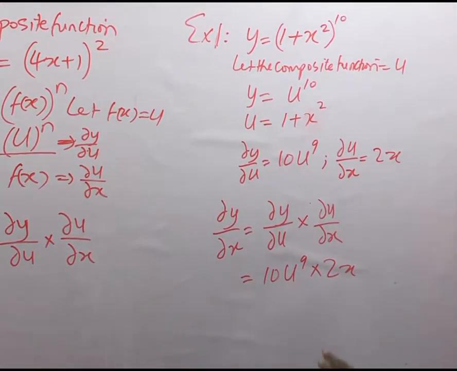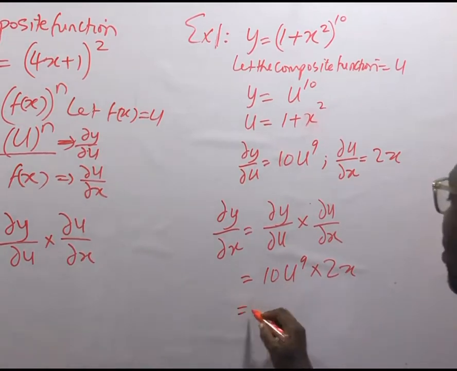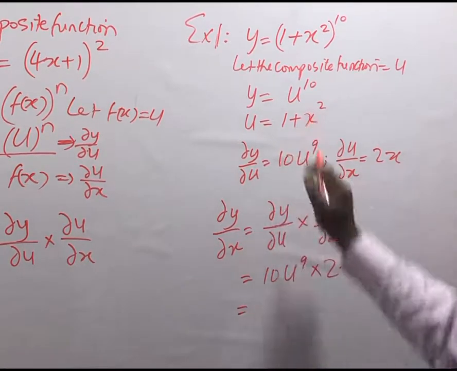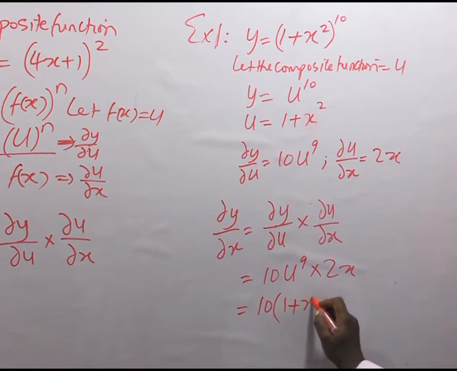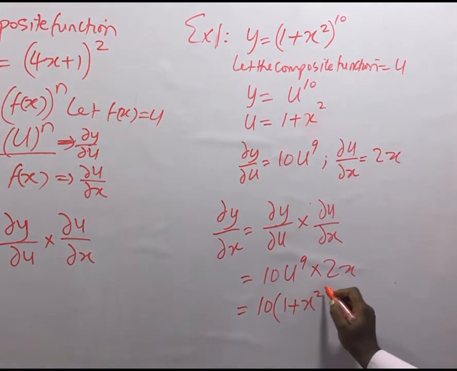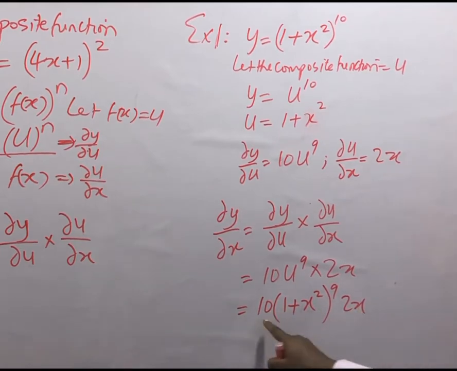What we now do is write out what u is. So we go back to what u is. So this becomes 10 times 1 plus x raised to the power 2, close the bracket, raised to 9, times 2x. And since we already have 2x on this side, let's multiply 2x by 10.